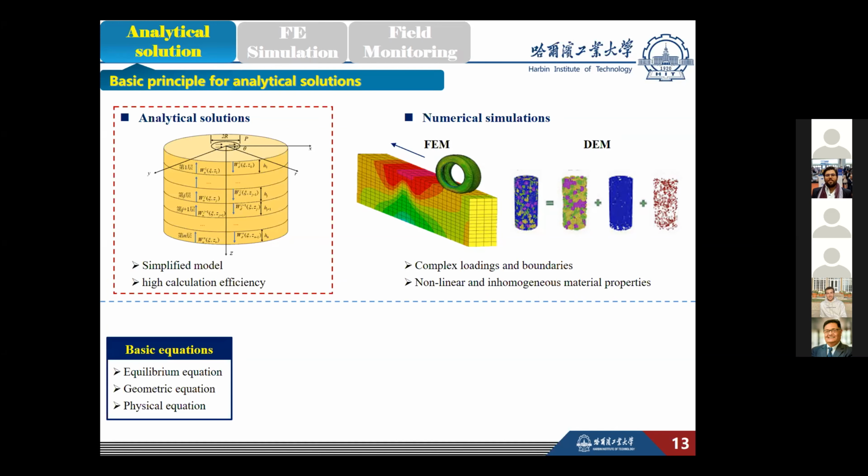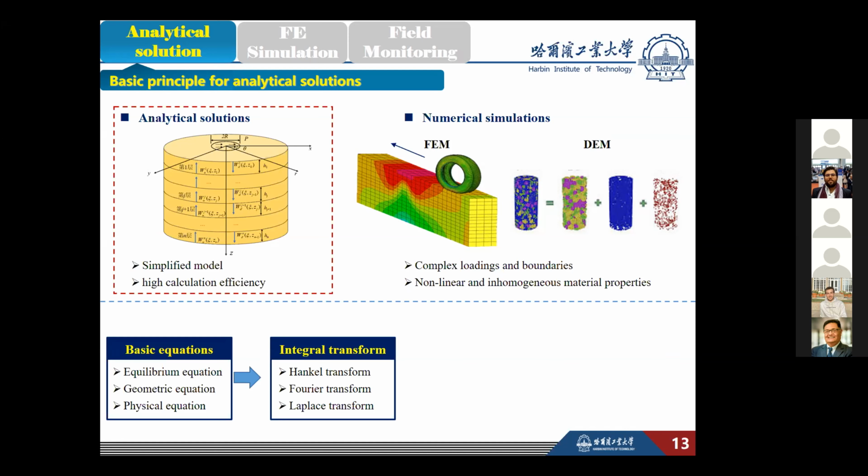The general framework for the solution begins with the basic equations. We have to do some integral transforms, like the Hankel transform, Fourier transform, and Laplace transform, to make the solution solved in the frequency domain.